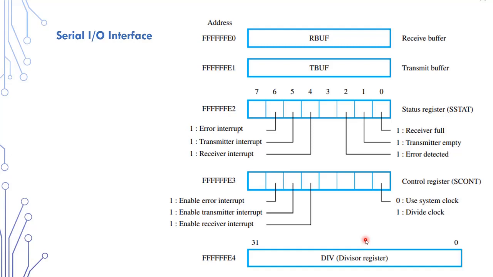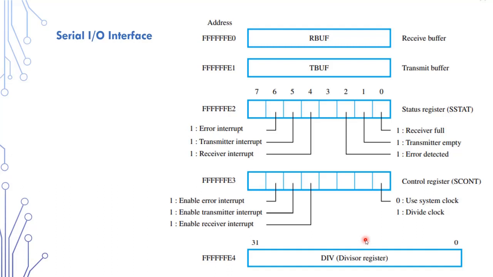This 32-bit register is associated with a counter circuit that divides down the system clock signal to generate the serial transmission clock. The counter generates a clock signal whose frequency is equal to the frequency of the system clock divided by the contents of this register.